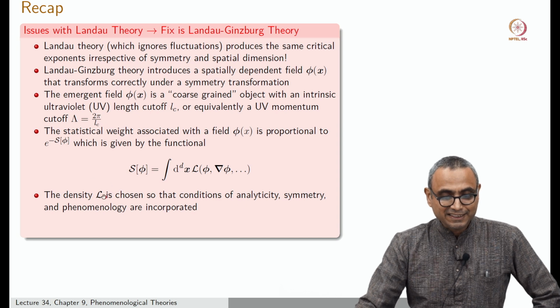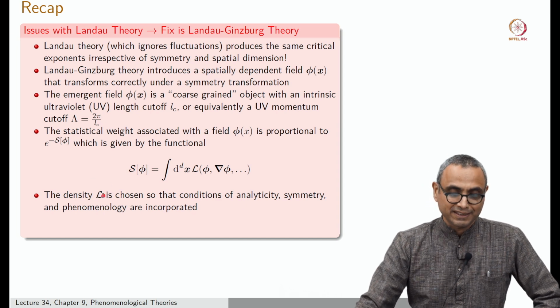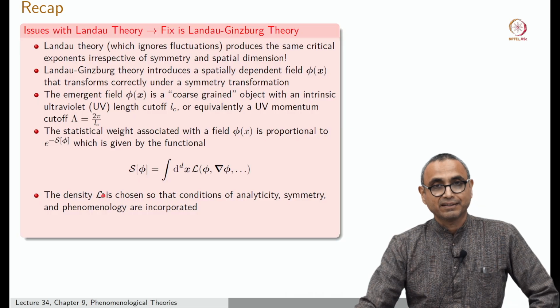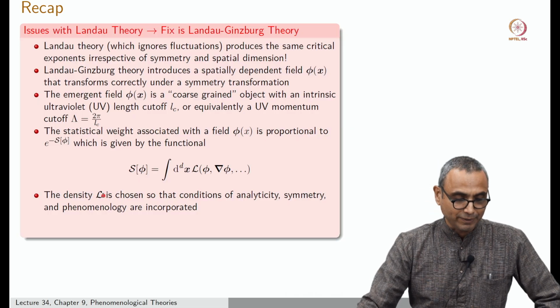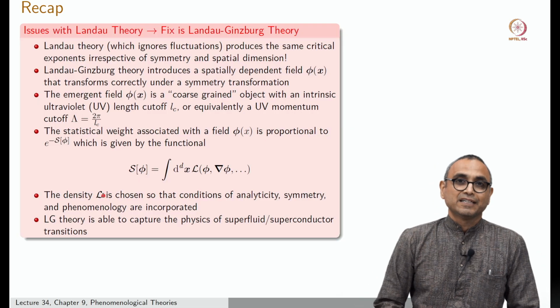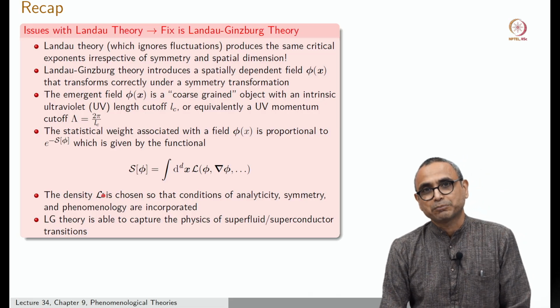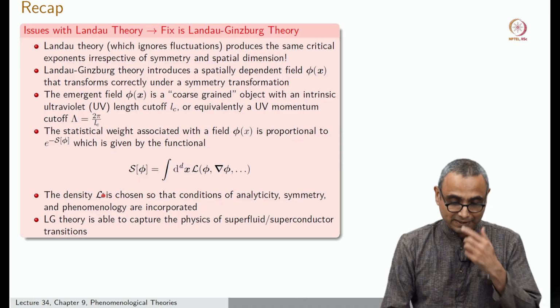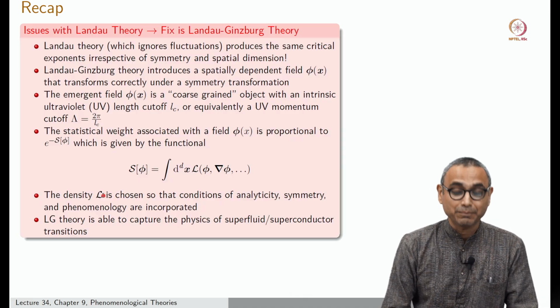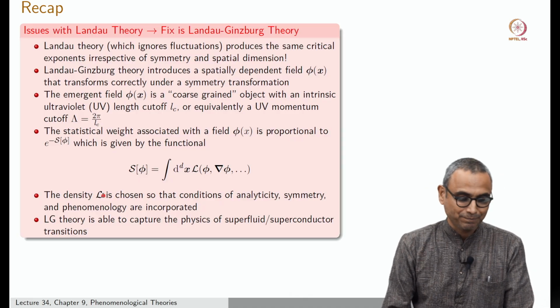The density is chosen so that all the conditions of analyticity, symmetry, and phenomenology, etc. are incorporated, right? So we saw in the last lecture that we can indeed capture some physics of some systems such as superconductors, etc. by using Ginzburg-Landau theory.